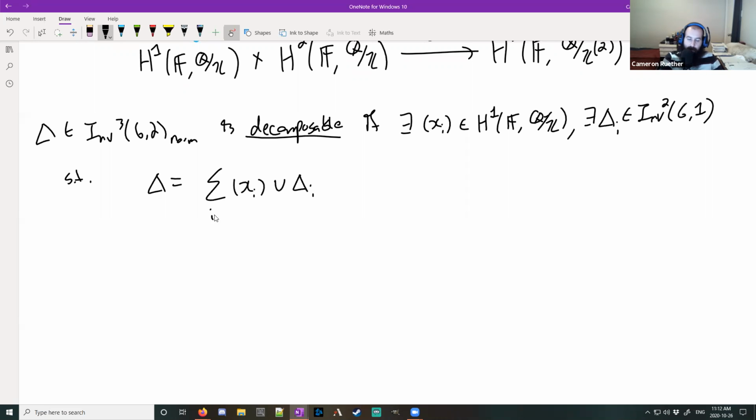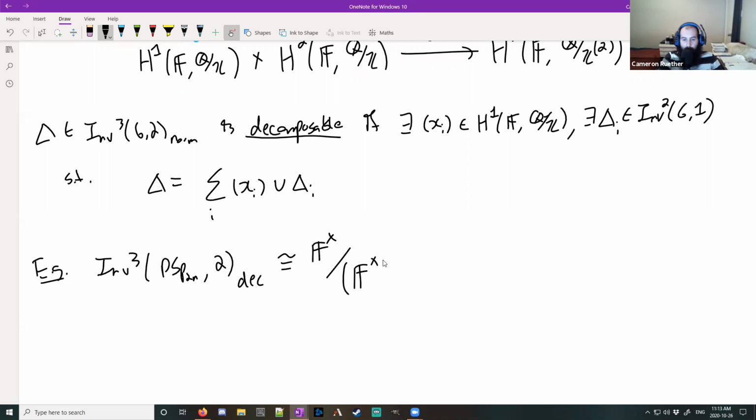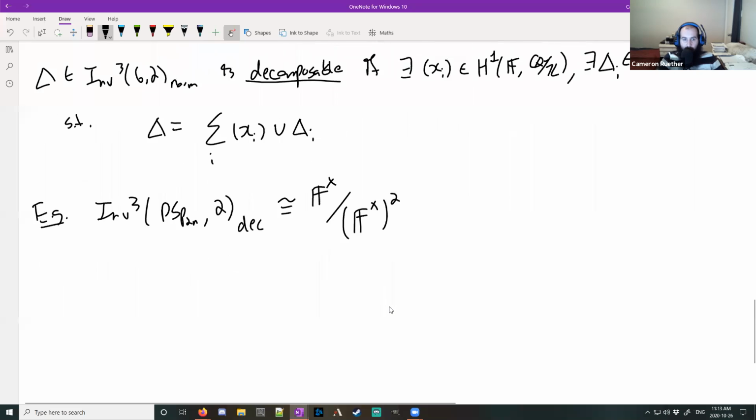As a result of this definition, to continue with our projective symplectic example, the invariants of PSp2n which are decomposable, this group ends up being isomorphic to the units in F mod the squares. And we only have to consider these for the following reason.